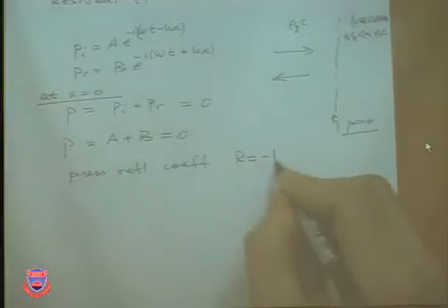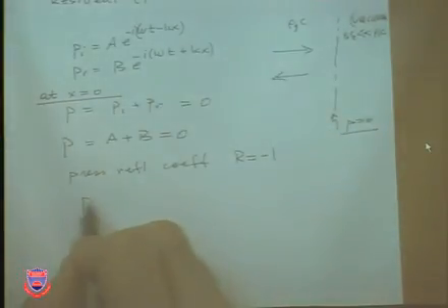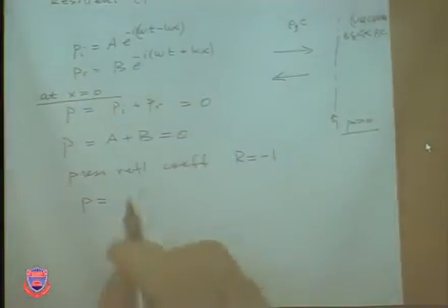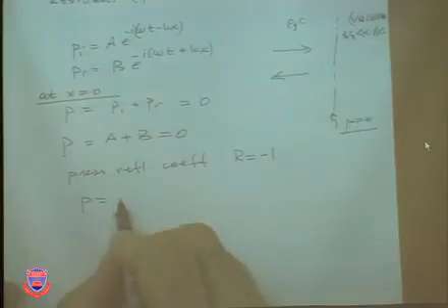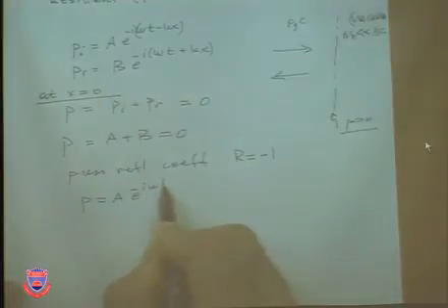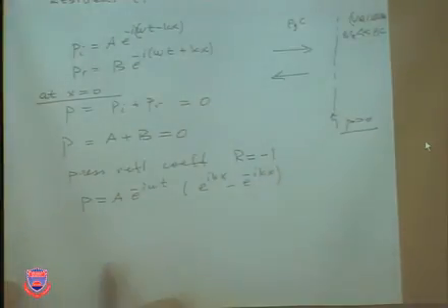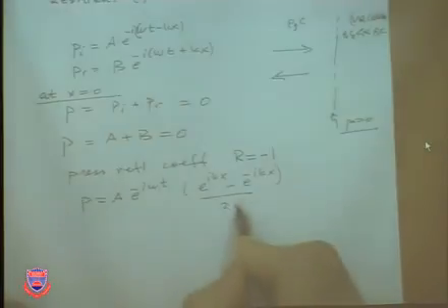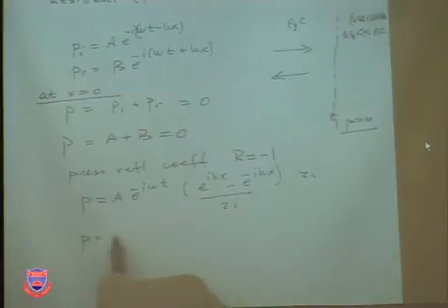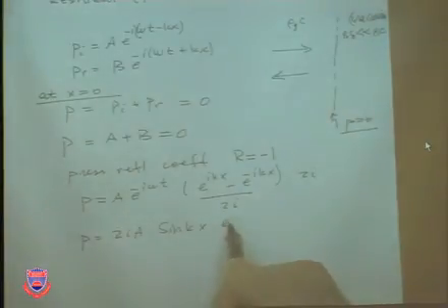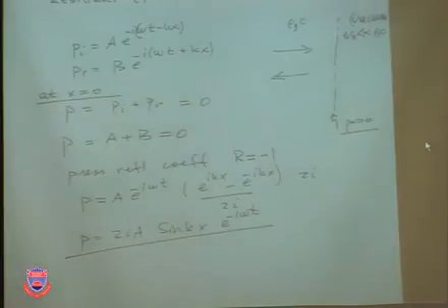Minus. Exactly, -1. So substituting back into the total expression here, we will now end up with the pressure, and corresponding particle velocity, of course, will be 2a over rho c cosine kx.